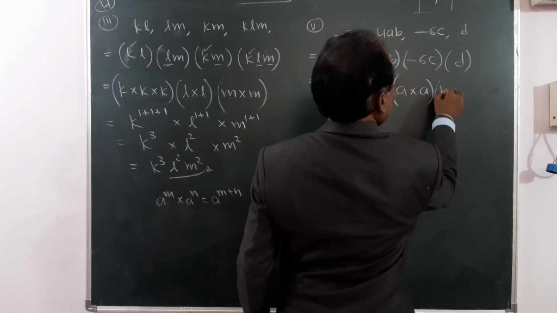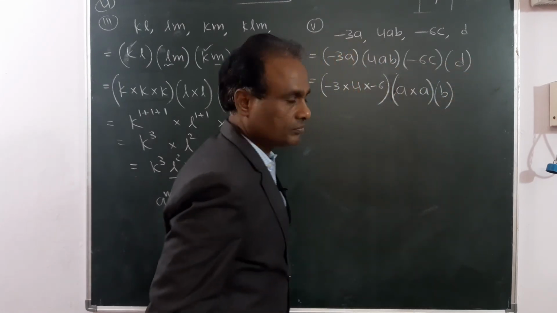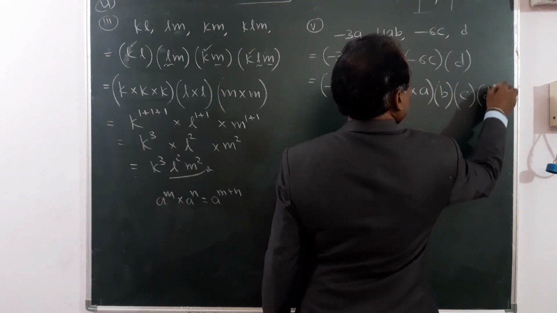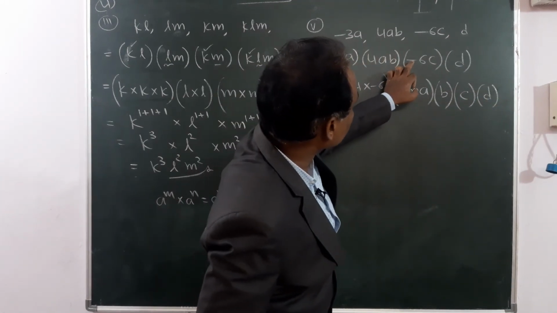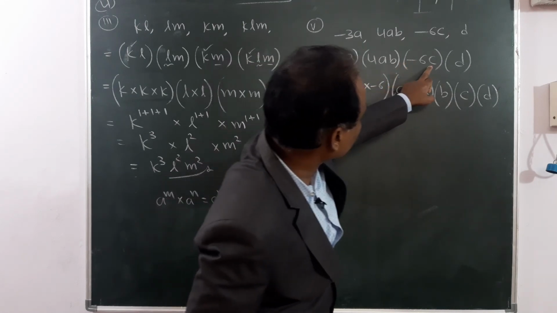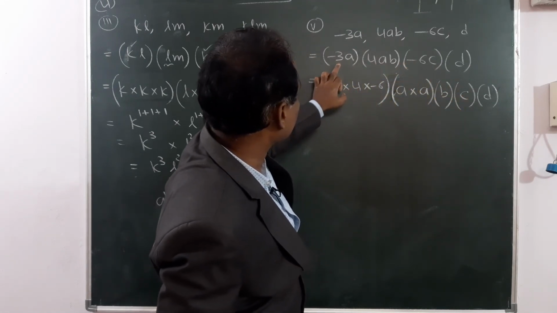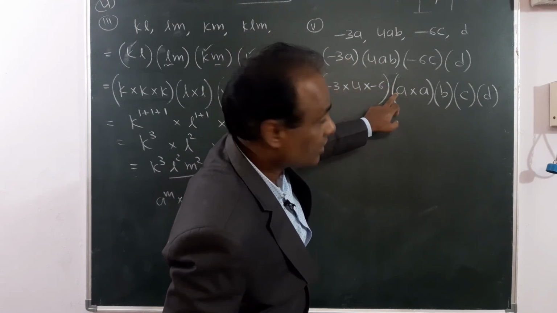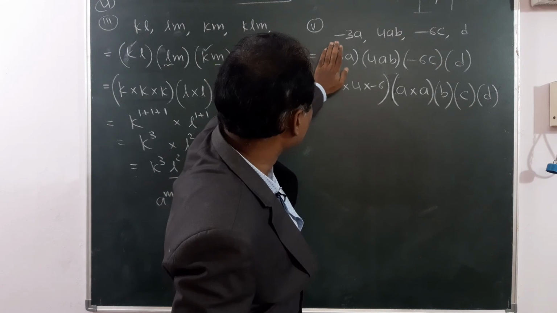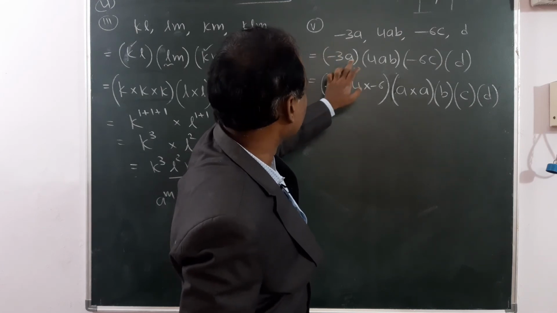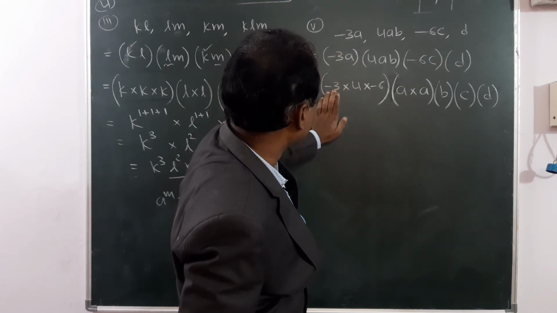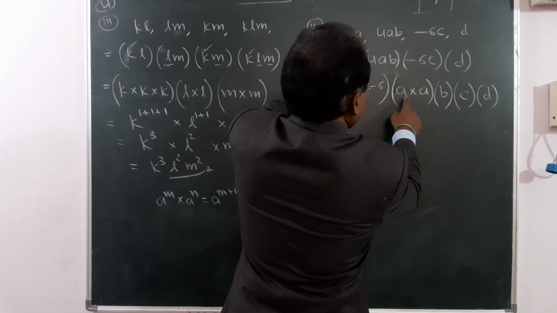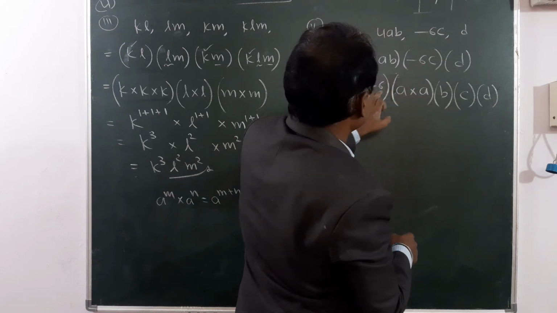B, only one B, no other B. C, only one C, only one D. See, don't confuse with minus. Already minus is written here, so only C remains. So here also minus 3 is written and A only remains. Don't write minus A again. This minus is only one factor; you can use it for any one. So I took it for 3, so minus 3 I wrote here, A will remain. And here also minus 6 is written, so C will remain.